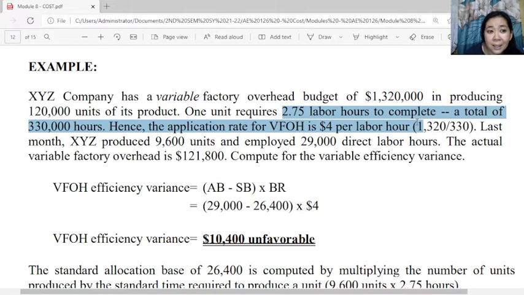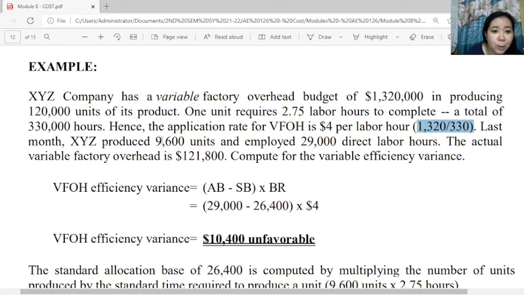So we have here the total number of labor hours of 330,000. Hence, the application rate, or the standard or budgeted rate per labor hour, is 4. That's 1,320,000 divided by 330,000 hours.